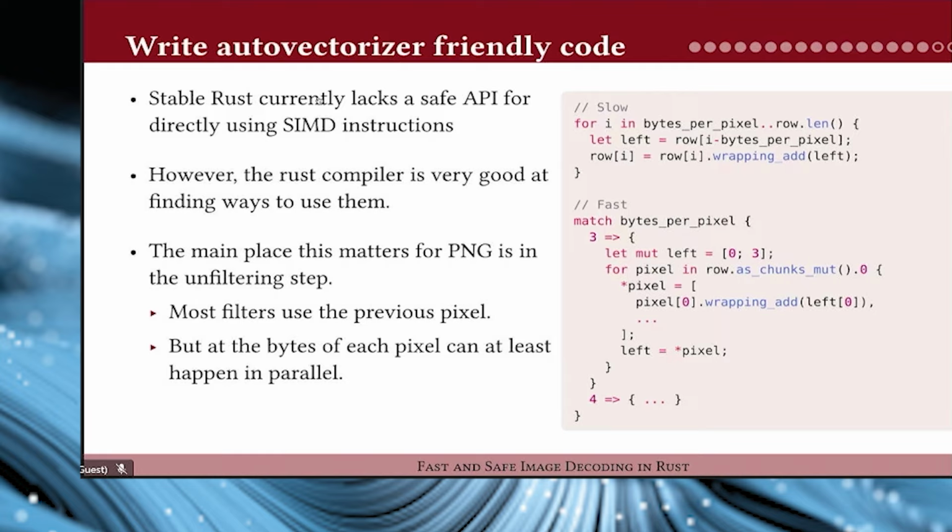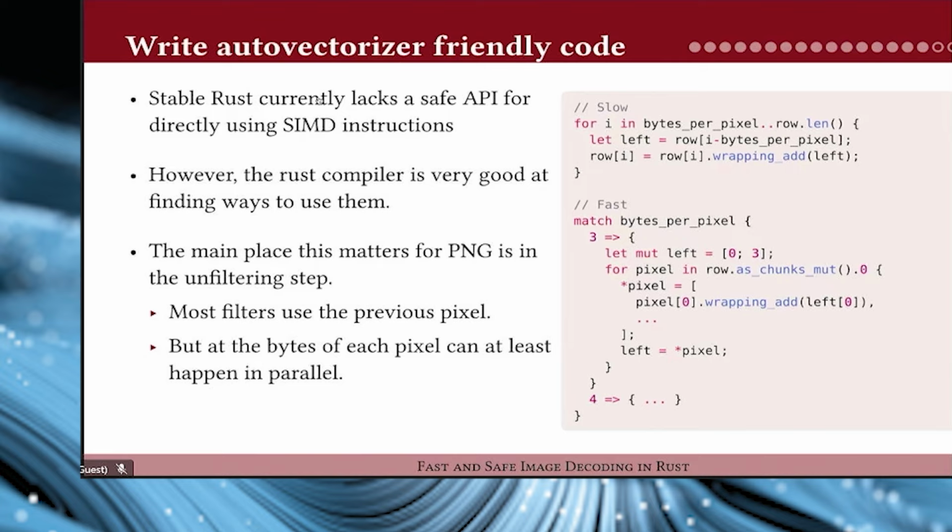However, it turns out we can actually get pretty far without literally writing any SIMD code, because we can write for loops that the compiler will be very smart about, look at, and say, I can use SIMD instructions to implement these. In the example on the slide, at the top we're individually operating on 1 byte at a time.